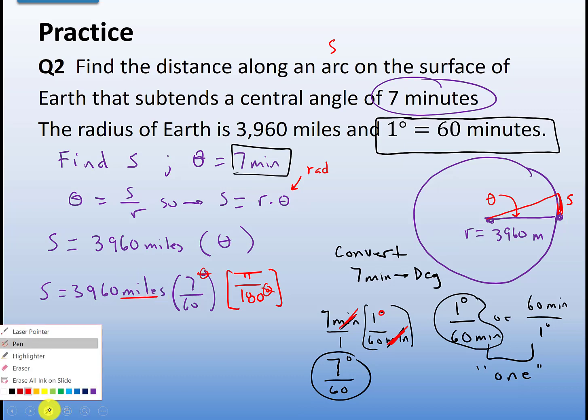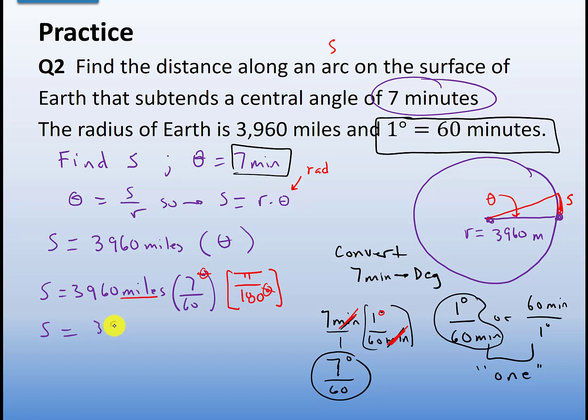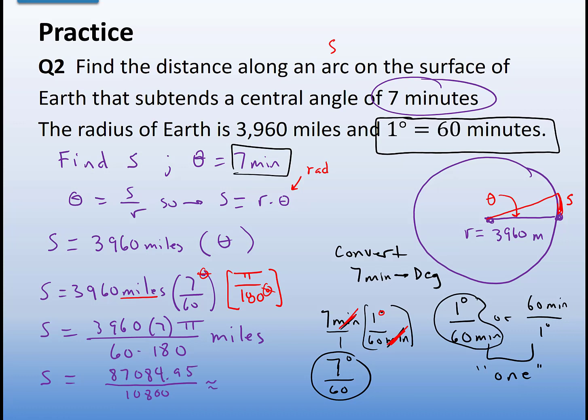And now we just have a ton of calculator work to do. 3960 times 7 times pi over 60 times 180. And these would be miles. One giant calculation here. In this next step, I already multiplied it by pi.